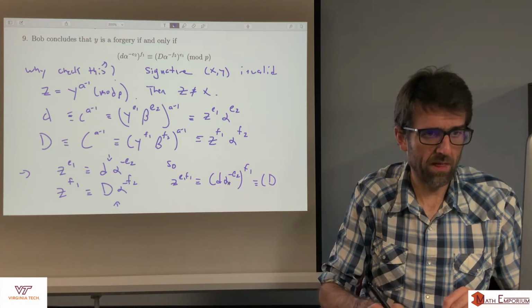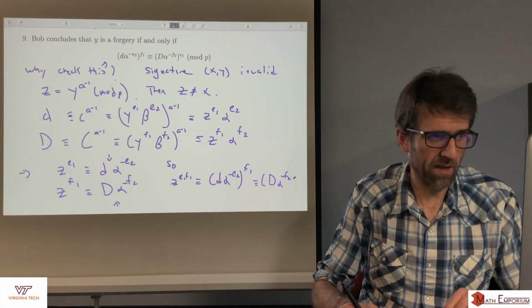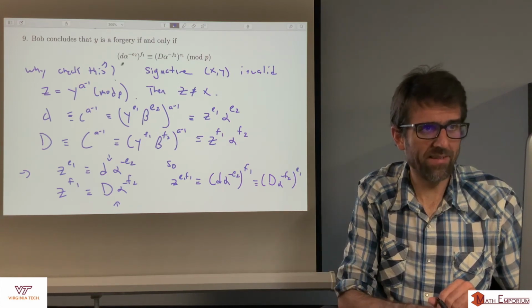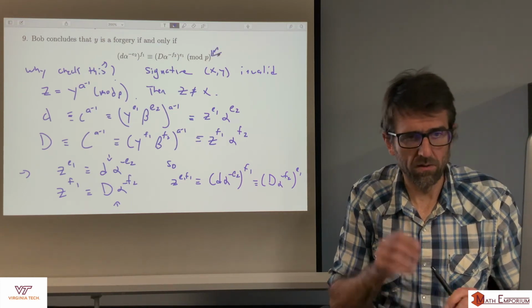It's d alpha to the minus e2 to the f1, big D alpha to the minus f2 to the e1. And notice that's exactly what we checked in this congruence here.